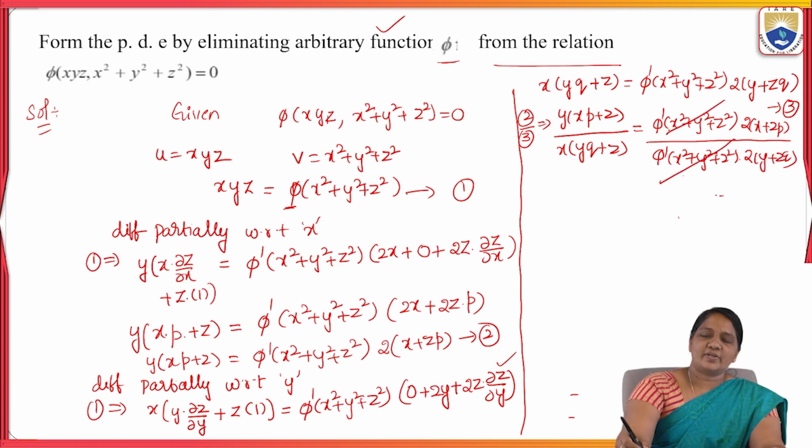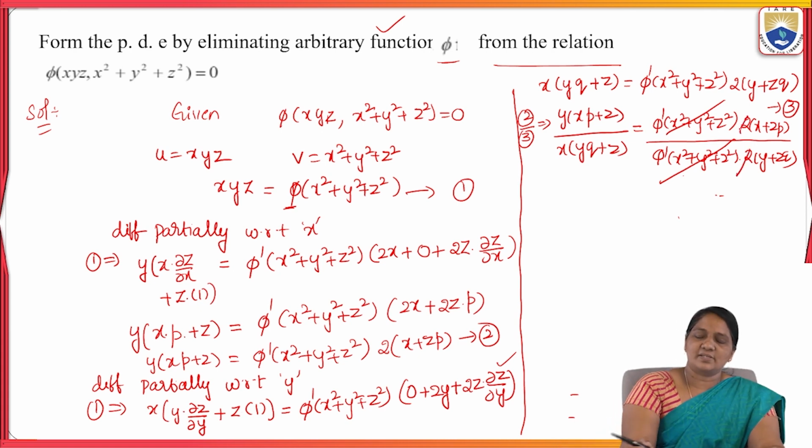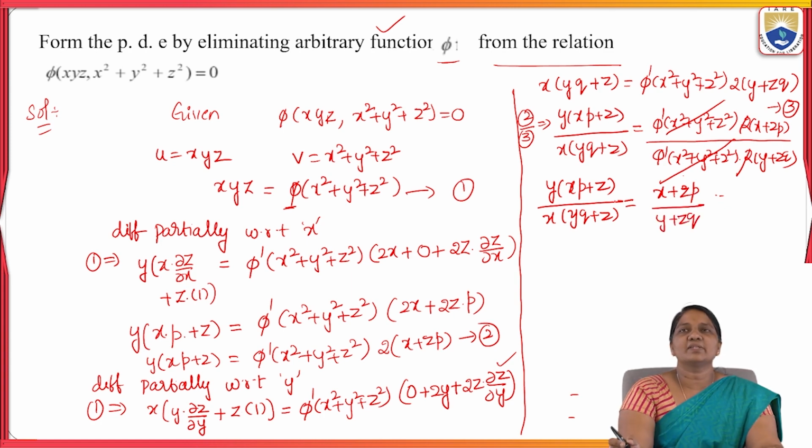So phi dash cancels and the 2 is cancelled. So finally y into xp plus z by x into yq plus z is equal to x plus zp by y plus zq.